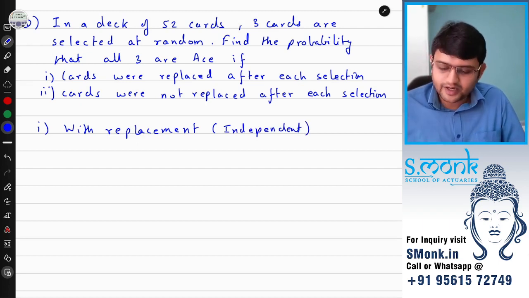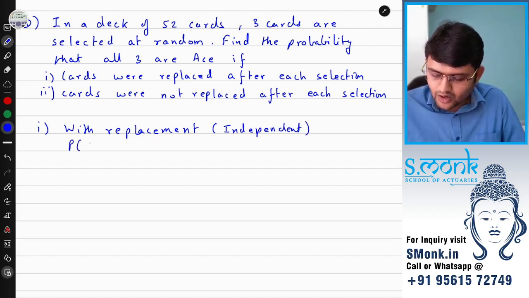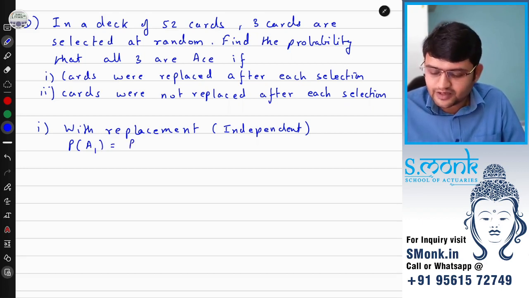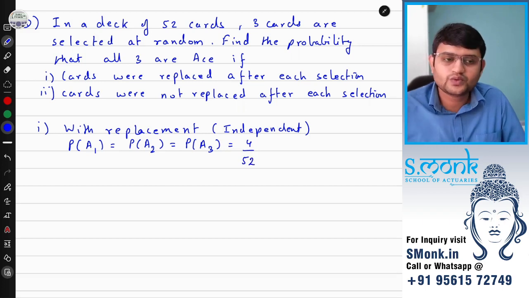If they are independent, then the probability of an ace in the first card is going to be the same as the probability of getting an ace in the second card. It will be the same as the probability of getting an ace in the third card, and that is going to be 4 by 52.